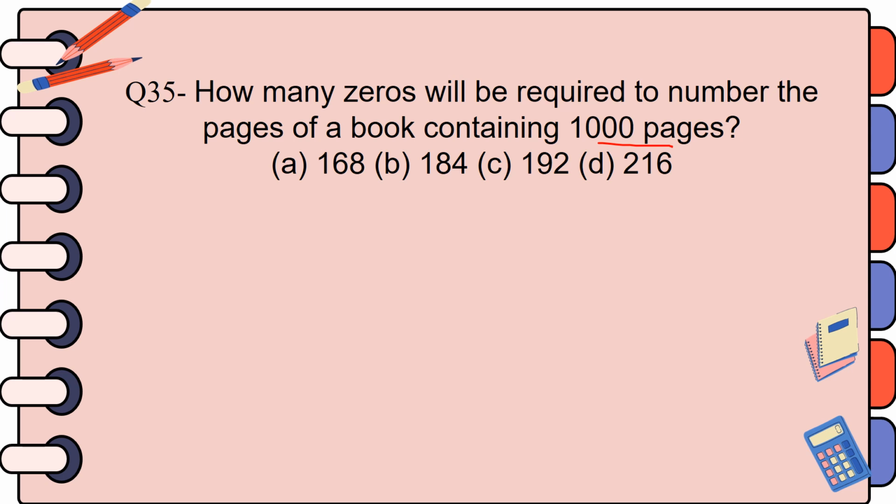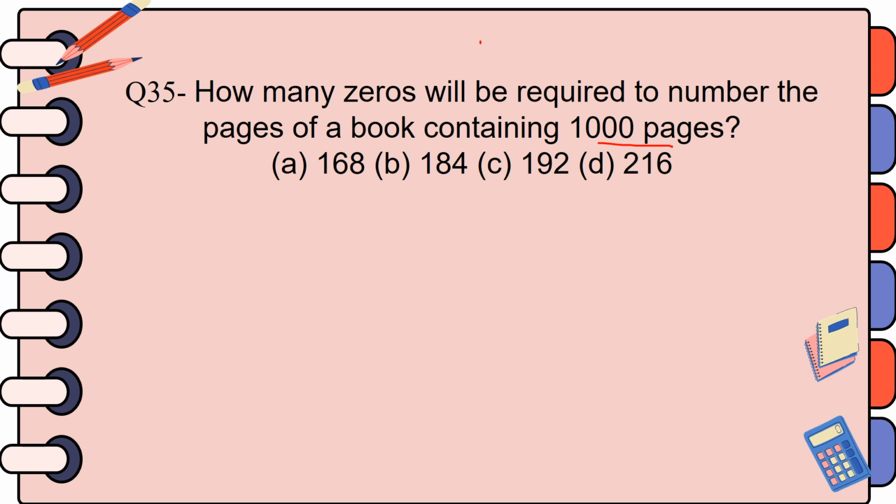Okay, read this question again. There are 1000 pages, and you are going to count the number of zeros that are available on these pages. How many zeros will be there in a certain book that contains 1000 pages?